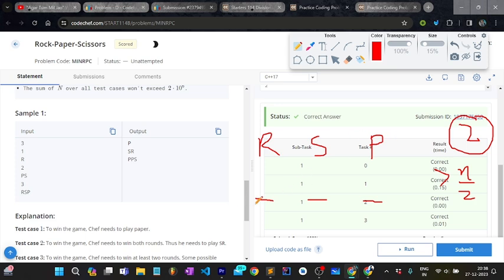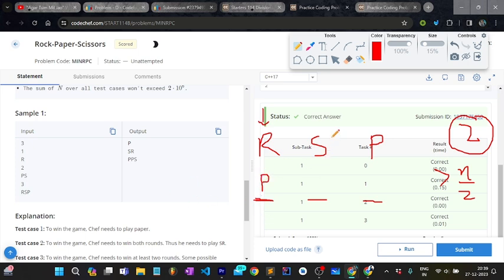Fine. So for this index, what can be the possible answers? Here Shefina has played rock. So what is the condition that would let the chef win? That is obviously P, because Shefina has played her move as R, so chef has to play P in order to win. So this is the possible answer for this.